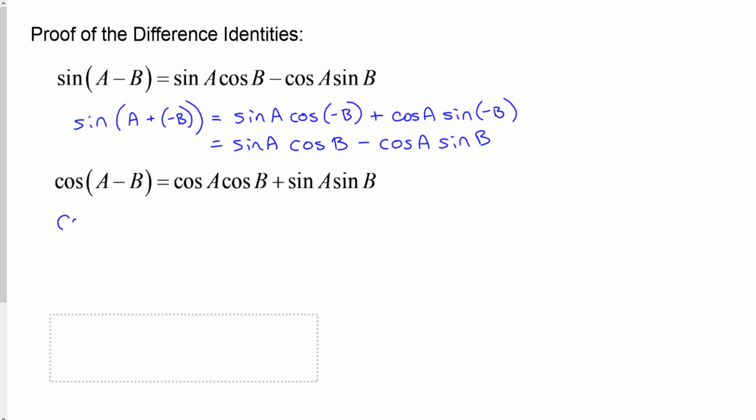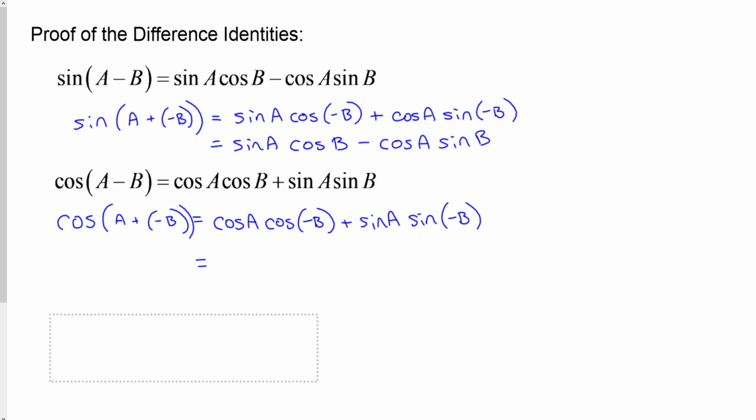So cosine of A plus negative B is going to be cosine A cosine negative B plus sine A sine of negative B. Cosine of a negative angle is positive, so cosine A cosine B. Sine of a negative angle, whoops, I'm sorry, for cosine when you subtract, this is a minus.